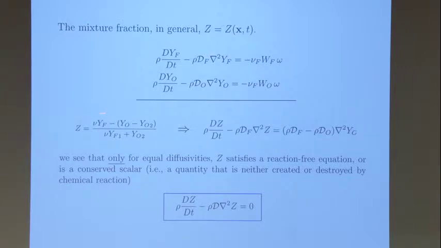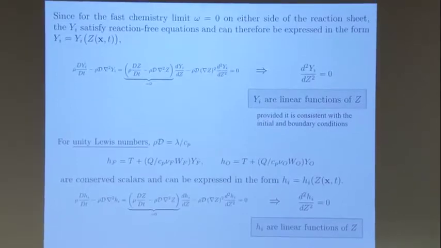If you add them up in this way, you get an equation for Z in general of this form, but only when the molecular diffusivity of fuel and oxidizer is the same does the right-hand side become 0, and then Z is a conserved scalar, and D is the common diffusivity. So Z satisfies an equation that you can solve, let's say, a priori, and it describes the mixture fraction in the field.